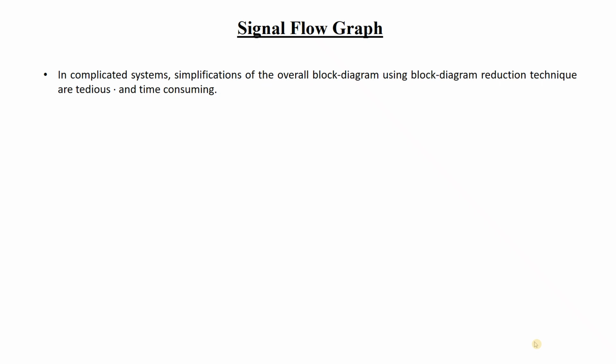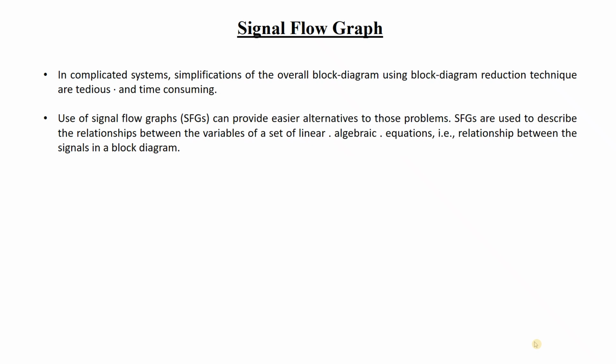In complicated systems, simplification of the overall block diagram using block reduction technique is tedious and time consuming. So use of SFG or signal flow graphs can provide an easier alternative to those problems.